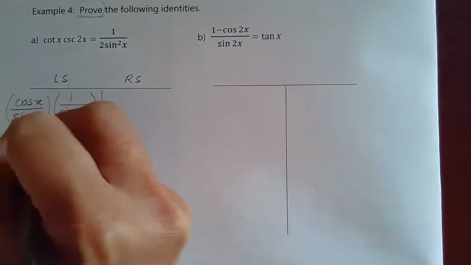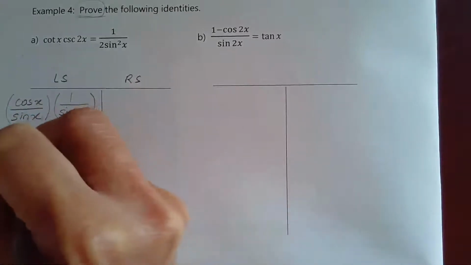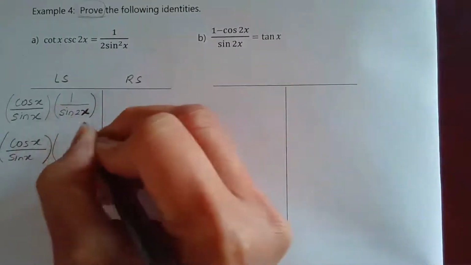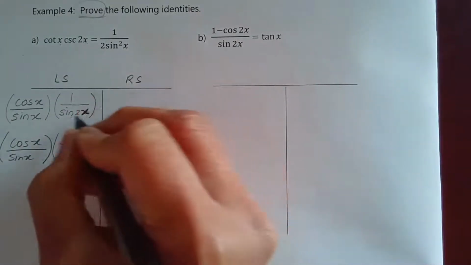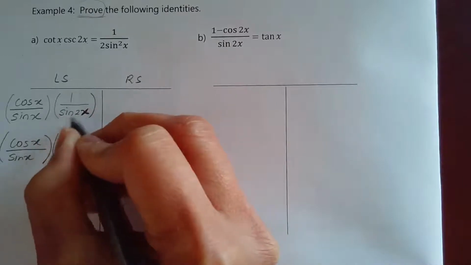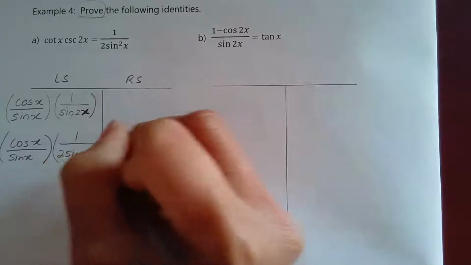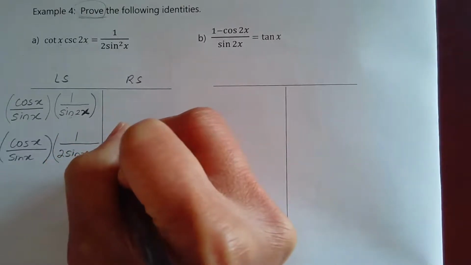So let's write that down. Cos of x over sine of x. And instead of writing 1 over sine 2x, I'm going to write the identity for that one. The identity would be 2 times sine of x times cos of x.